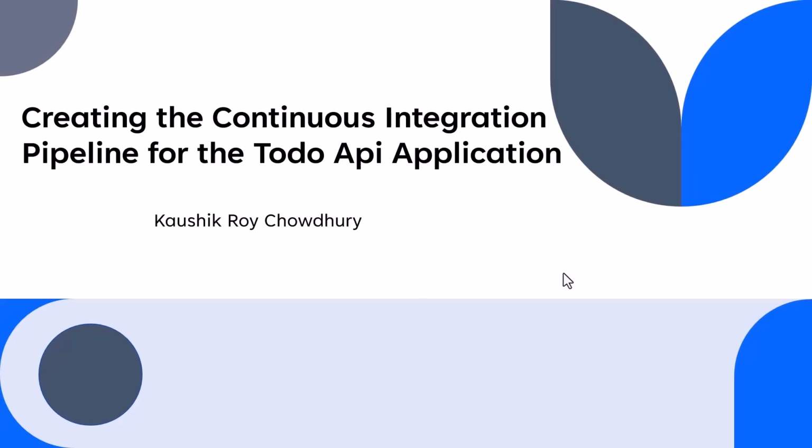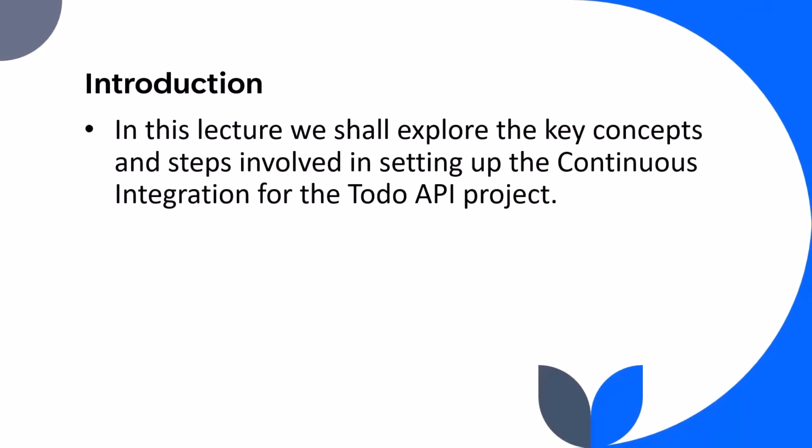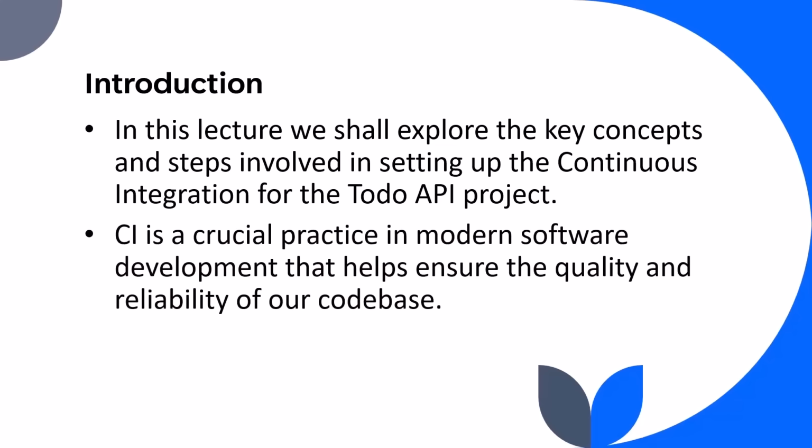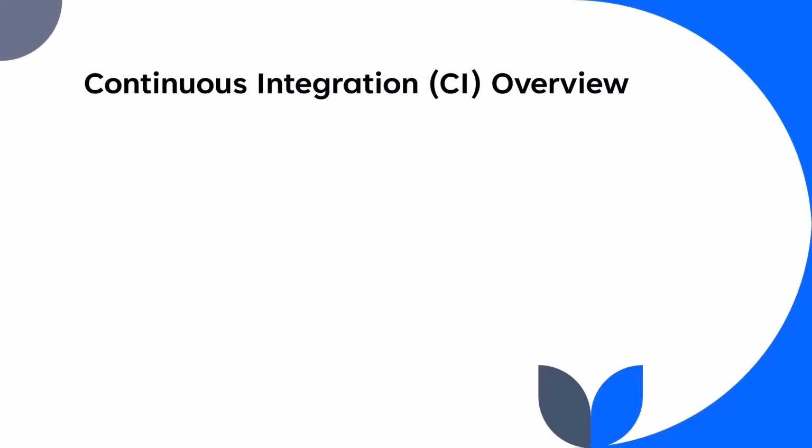So, creating the continuous integration pipeline for the To-Do API application. In this lecture, we shall explore the key concepts and steps involved in setting up continuous integration for the To-Do API project. CI, or continuous integration, is a crucial practice in modern software development that helps ensure the quality and reliability of our code base.